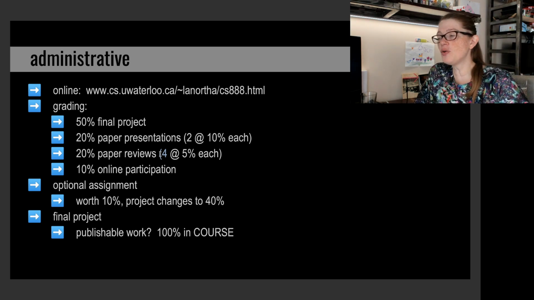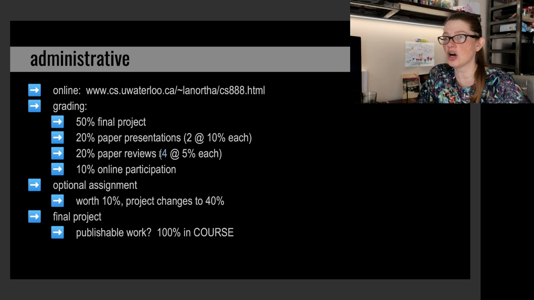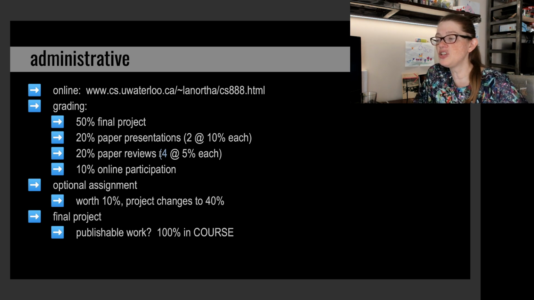Now, for those of you who may not be so comfortable with Stereo 3D, or maybe those of you who are a little bit wary of a 50% final project, there is an optional assignment, which the details aren't quite all posted to Piazza yet. I'll get them posted shortly. The optional assignment is worth 10%, and it would reduce your final project grade to 40% instead of 50%.